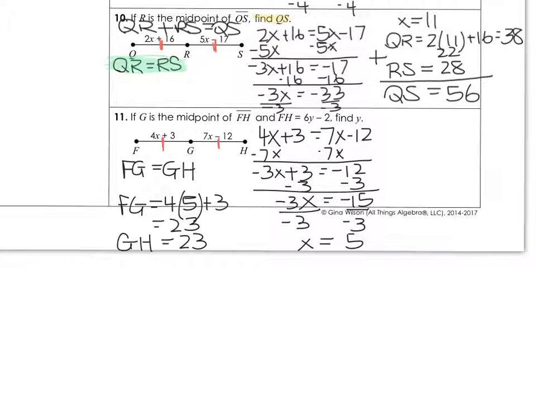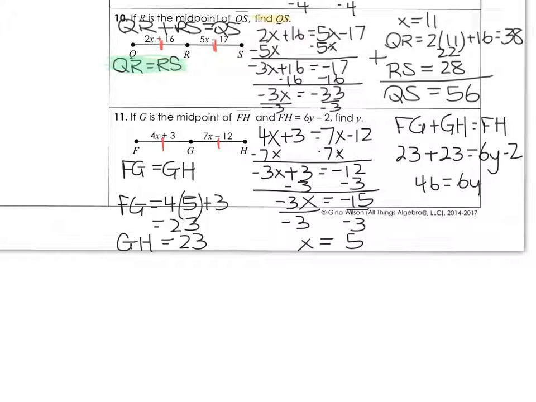So to find y, we know FG plus GH equals FH. So I know 23 plus 23 equals 6y minus 2. I'm just going to leave my y on that side, since I can just isolate it by adding 2 to both sides. And then divide by 6.